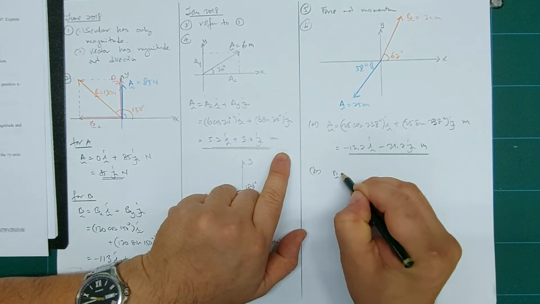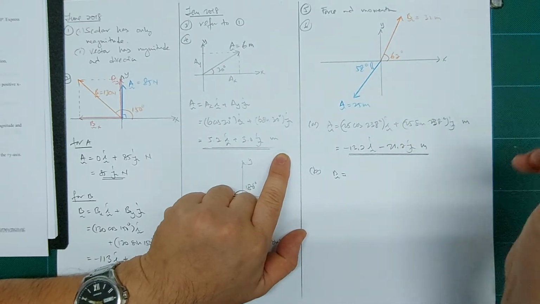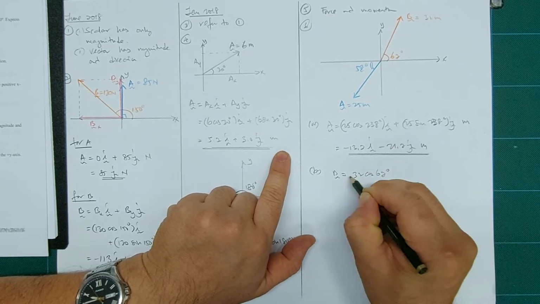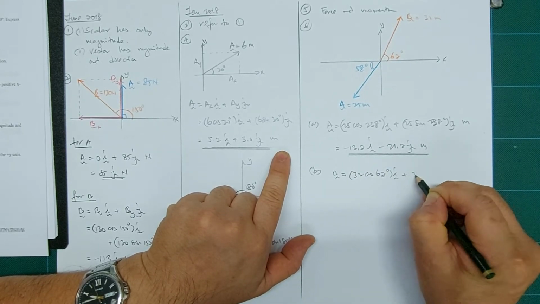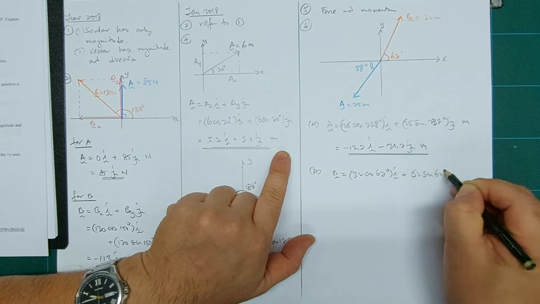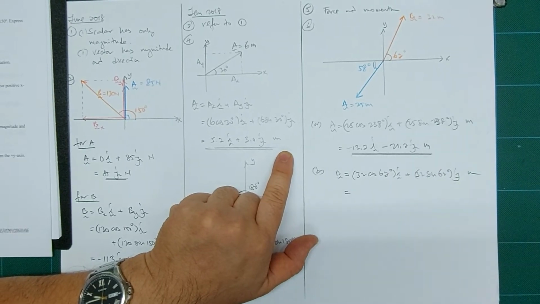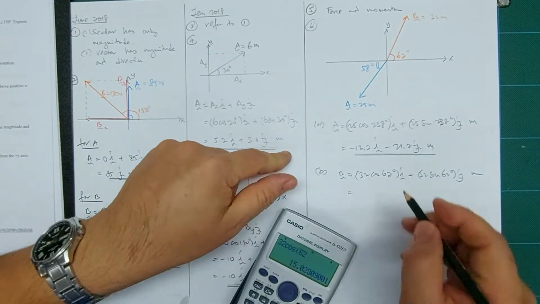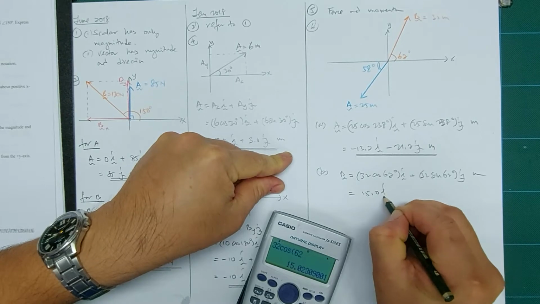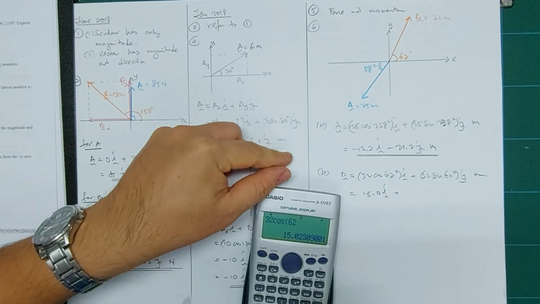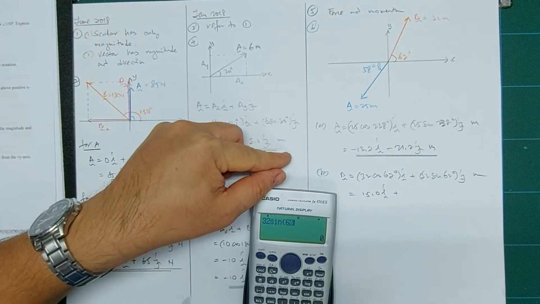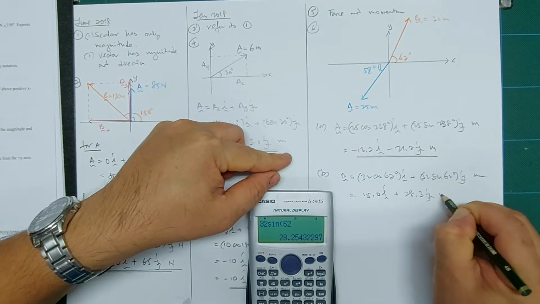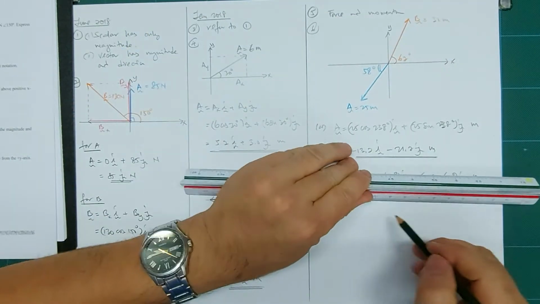Our vector B makes 62 degree, so that will be 32 cosine 62 degree i plus 32 sine 62 degree j. 32 cosine 62 gives 15.0 i, and 32 sine 62 gives 28.3 j meter. That is our B.